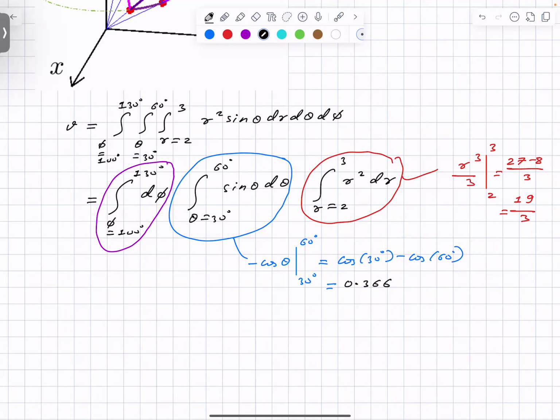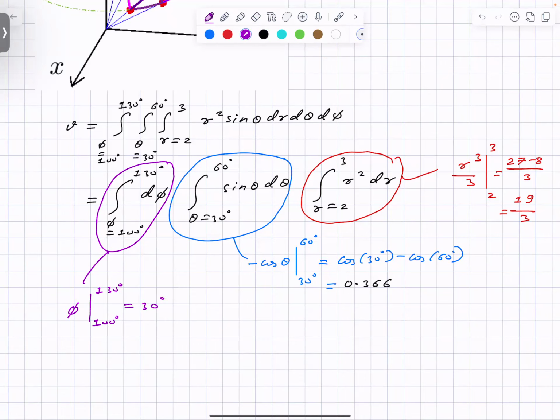This looks like a very easy integral, right? The easiest one probably. So what do we do here? We have to convert to radians for this one. If you do the integral keeping it in degrees, you just write phi, and then you do 100 degrees, 130 degrees, and the answer would be 30 degrees, right?